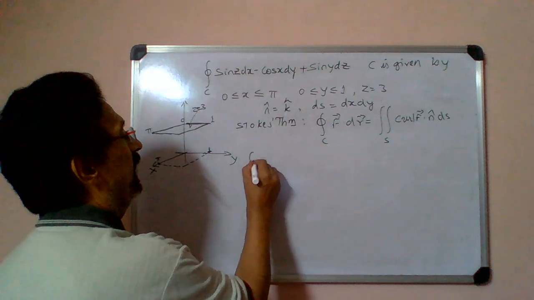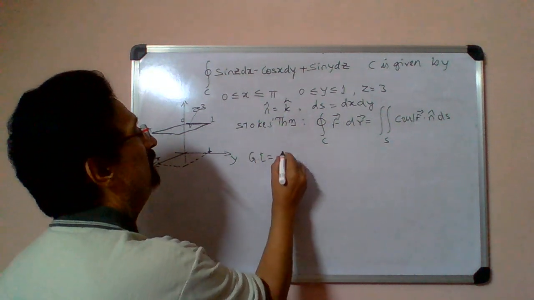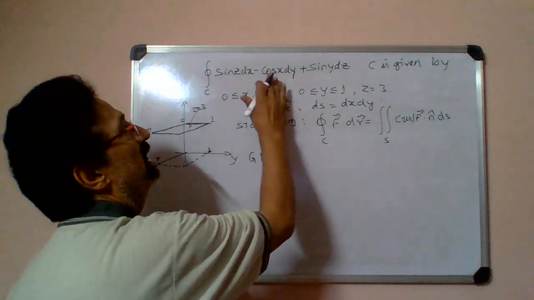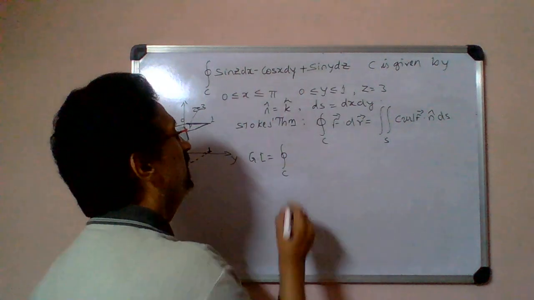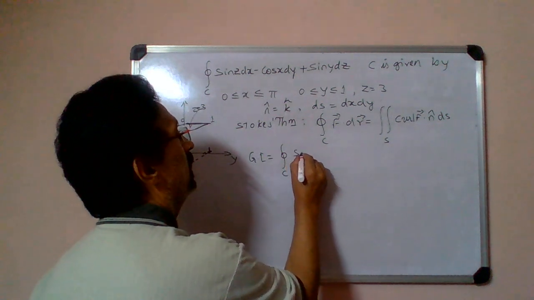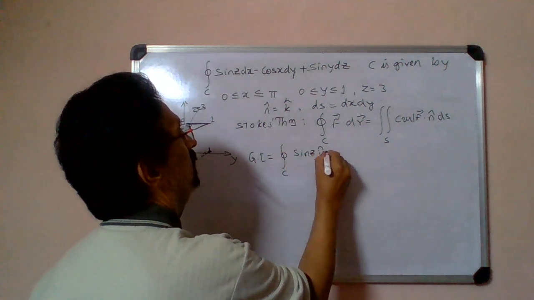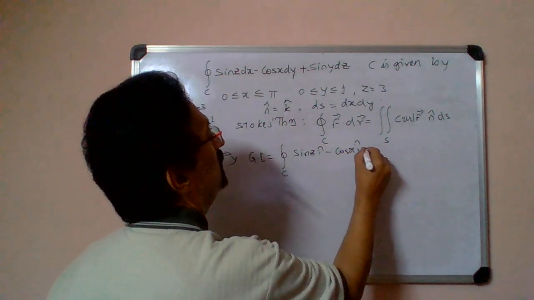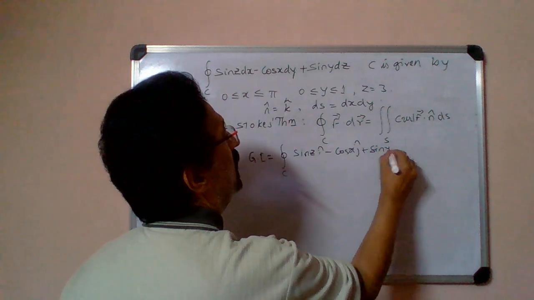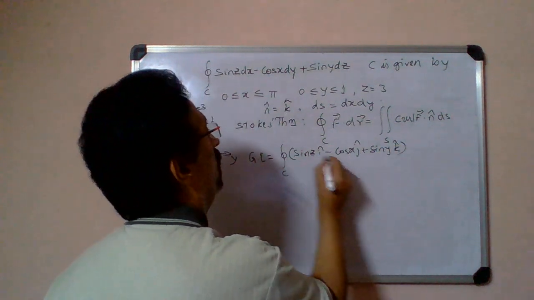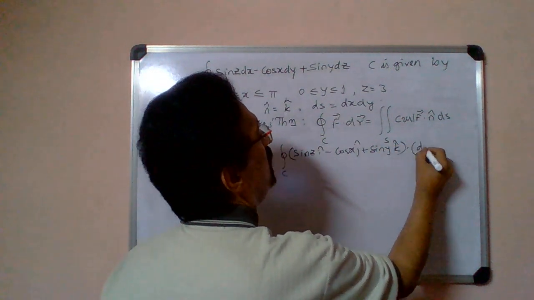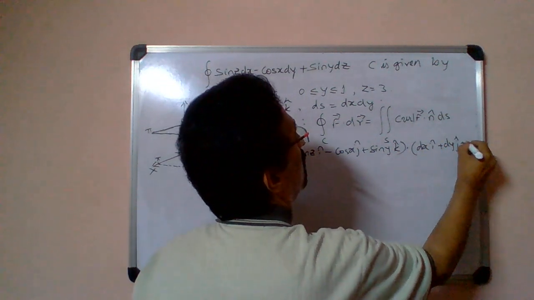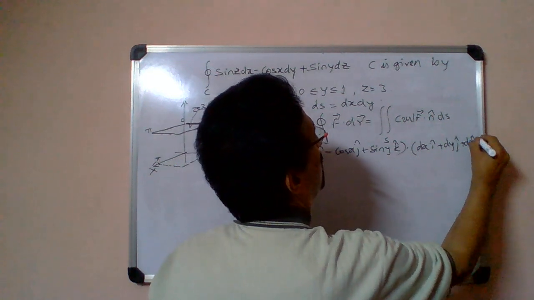I write the given integral as the closed integral over C of (sin z i cap minus cos x j cap plus sin y k cap) dot (dx i cap plus dy j cap plus dz k cap).